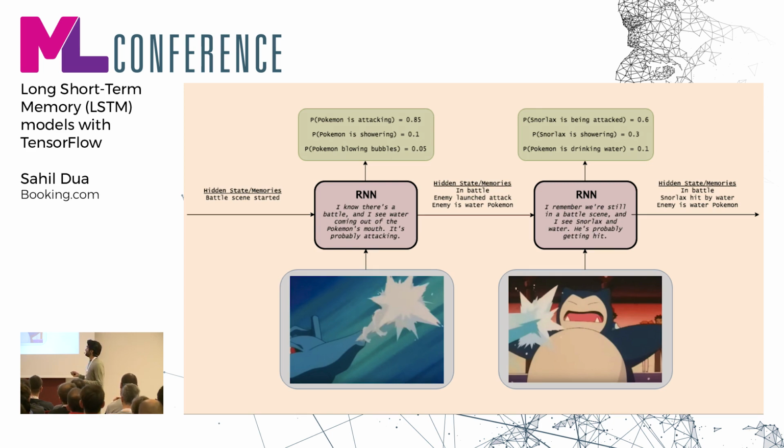And that's what is actually happening, and it's able to detect the correct answer, which is "Snorlax is being attacked," based on the previous memory that it learned from the previous predictions. And again, it's going to do the same thing. It's going to store some of the information that it learned from this current prediction into its memory for further predictions.